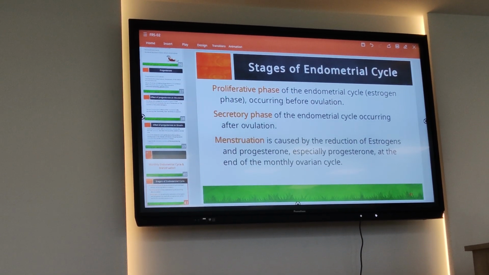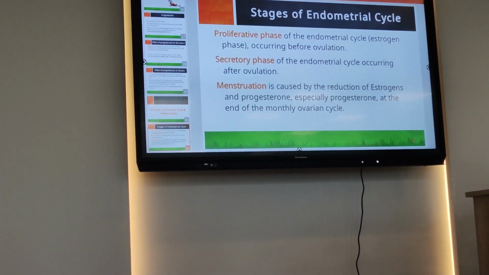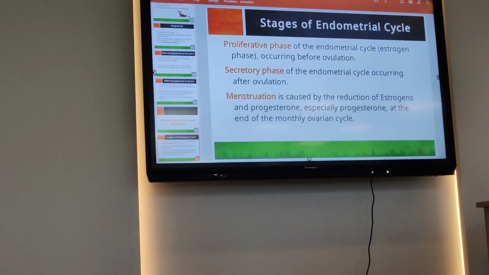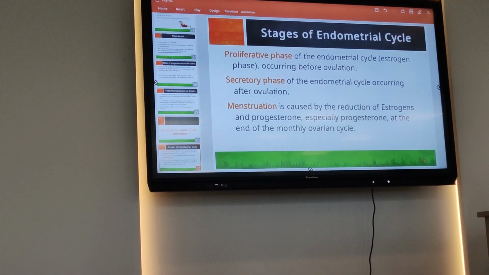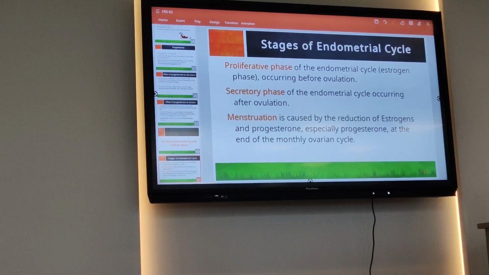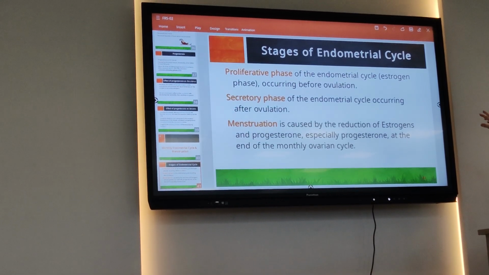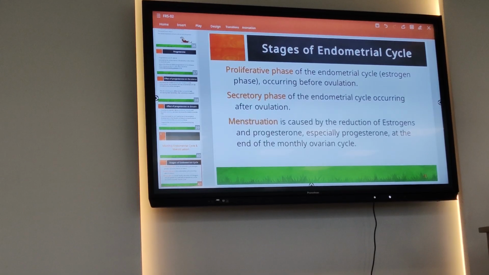Proliferative phase of endometrium. The endometrium starts to grow. What is the first phase? Follicular phase. Yes, the follicular phase is somehow equal to the proliferative phase of the endometrium.